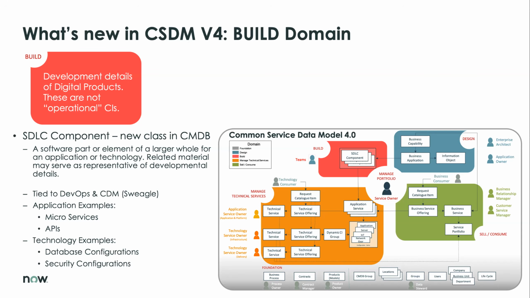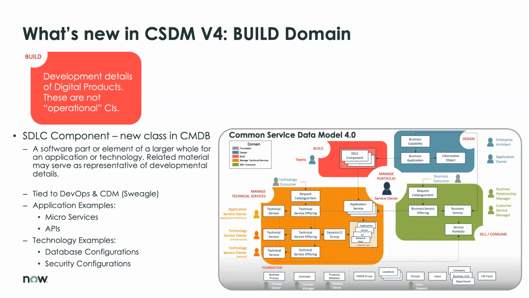When we start talking about application examples, we can finally identify the pieces and parts of a business application. Our business application is broken up into microservices and APIs, or however the individual development becomes, represented by each of those objects as SDLC components. Then we can relate that into our DevOps pipeline to see what's actually being done related to those individual components and their release cycle.